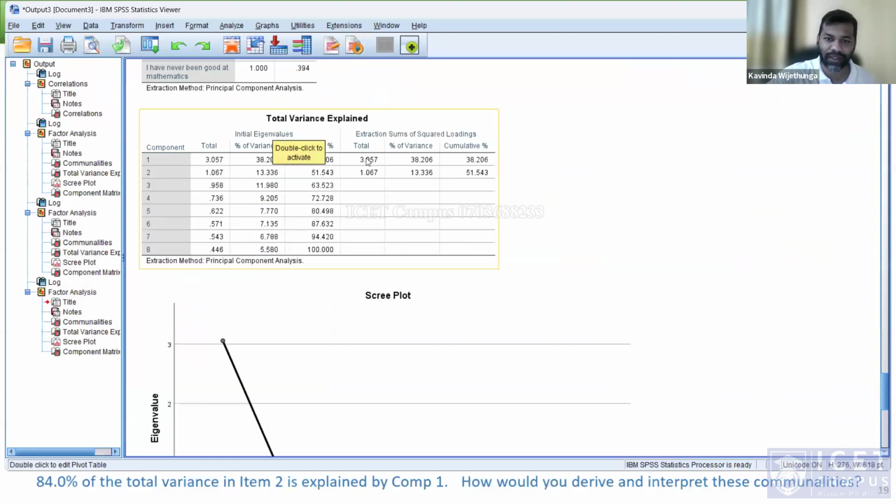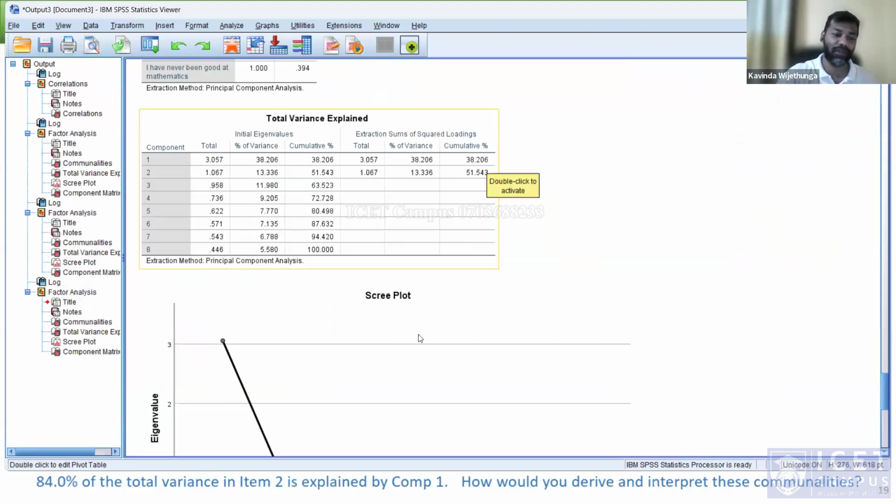So here you can see the two factors: one is 3.057, the other one is 1.067. These are the 2 factors actually, right? Notice that there are only 2 eigenvalues because we need only 2, right?